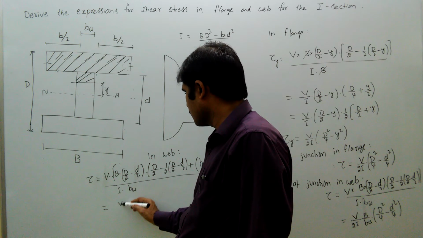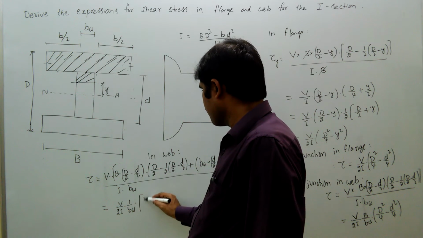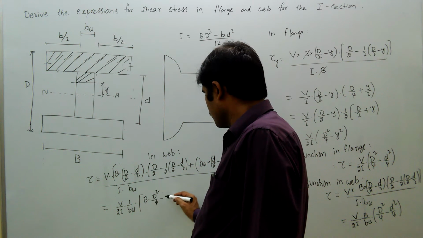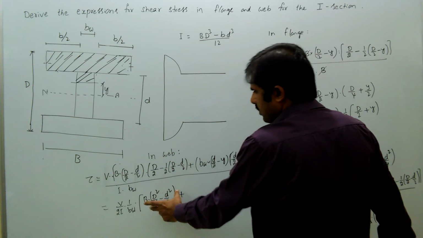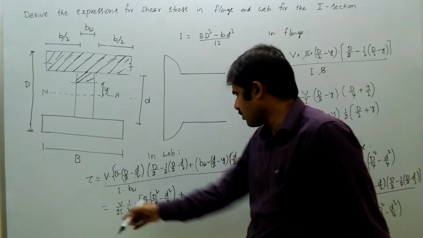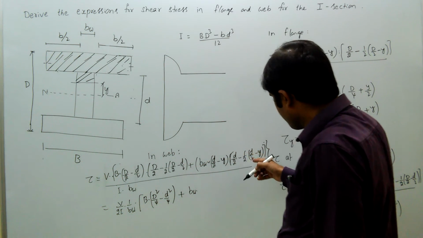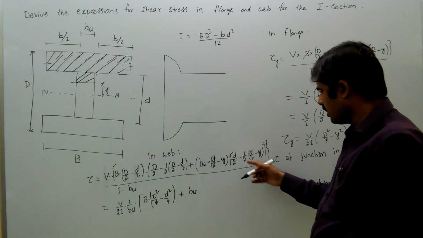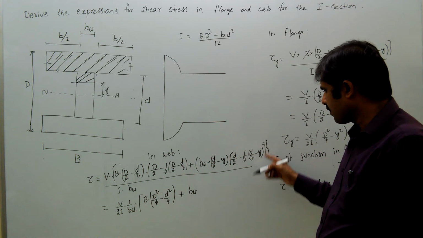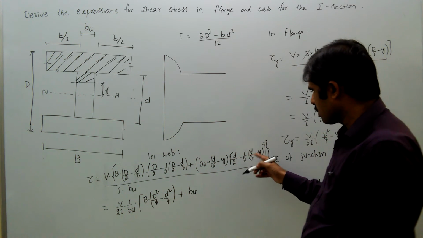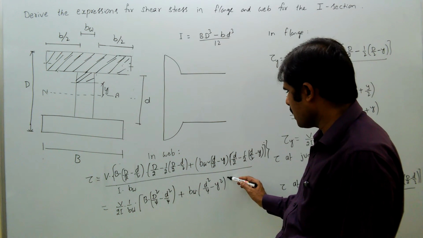So that is equal to V by 2I into 1 by BW into B into D square by 4 minus small d square by 4, plus this one, 1 by 2 we can take out, and BW into here D by 2 minus D by 4 is D by 4, and minus half into minus y, that is plus y by 2, so this plus y, that means D square by 4 minus y square will be the expression.